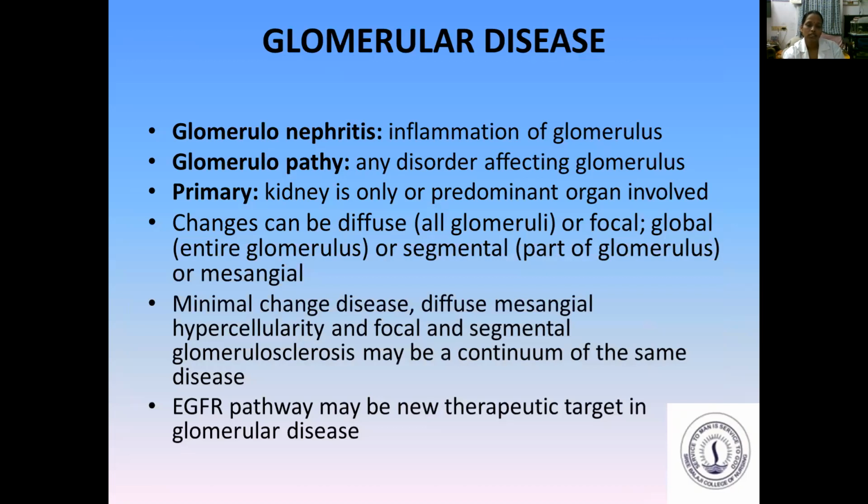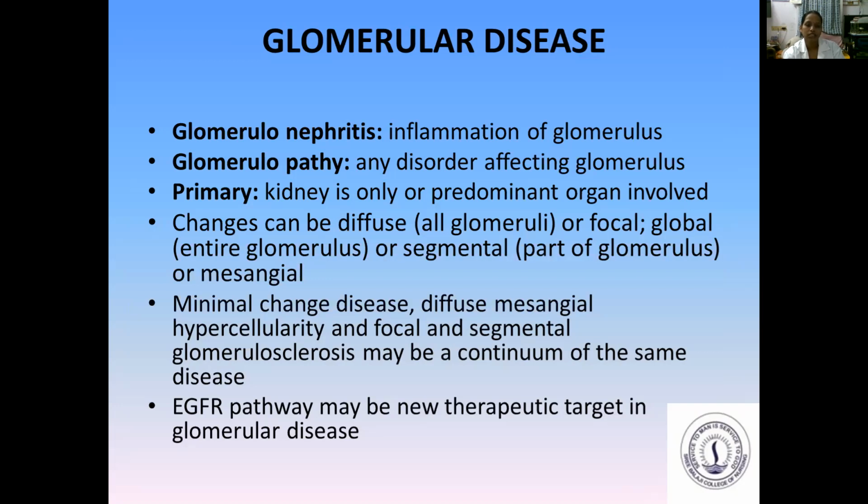The glomerular disease. So under the disease, we have glomerulonephritis, that is inflammation of the glomerulus, and glomerulopathy, any disorder affecting the glomerulus, that is known as glomerulopathy. So primary glomerular disease. The kidney is the only predominant organ involved. That is known as primary glomerular disease.